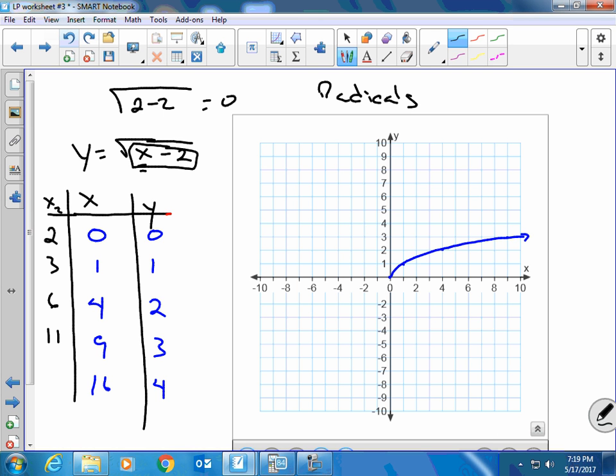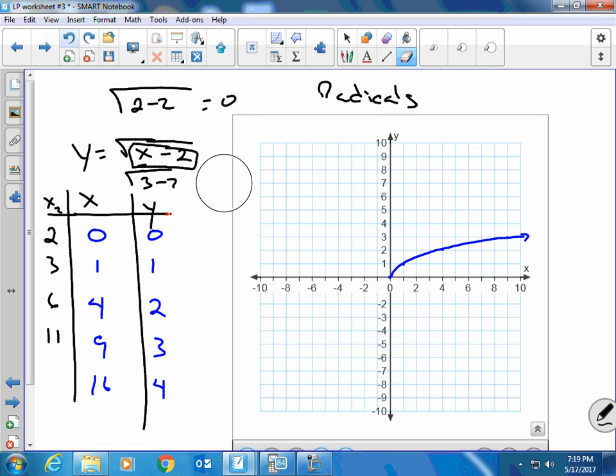Because my first step is to subtract 2 from whatever I plug in for x, and then take the square root. So if I plug in 3 for x, the square root of 3 minus 2 is equal to the square root of 1, which is equal to 1. Plug in 6. The square root of 6 minus 2 equals the square root of 4, which is equal to 2.